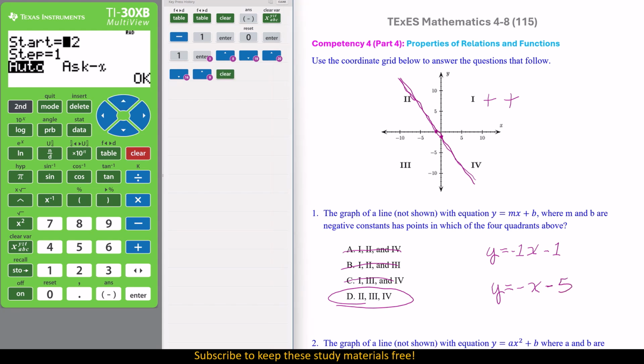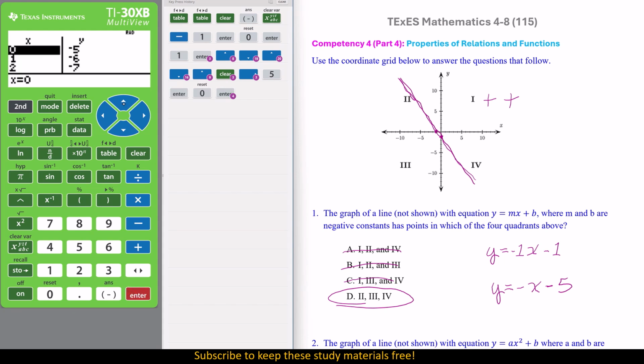Either way, both have to be negative, and that's the point of all this. Let's make it 5, push enter, start at 0, and let's see where we go. Okay, as you see, we can have negative and negative at the same time. We just can't have anything positive at the same time. And as you go up and down, you see that just simply does not happen.